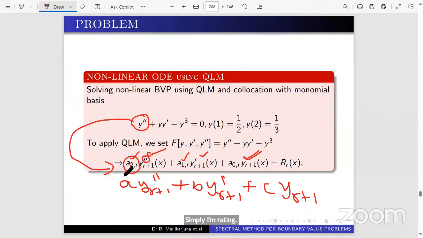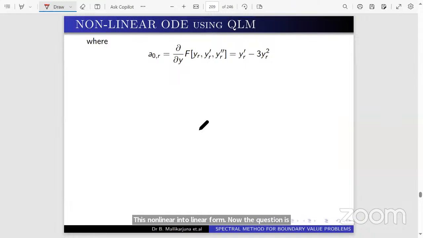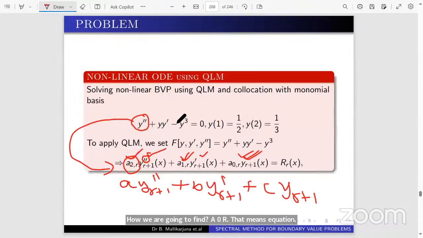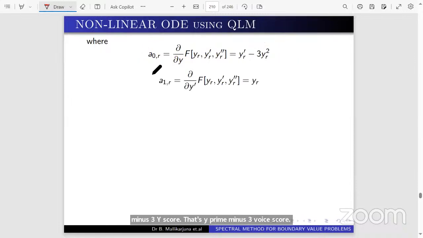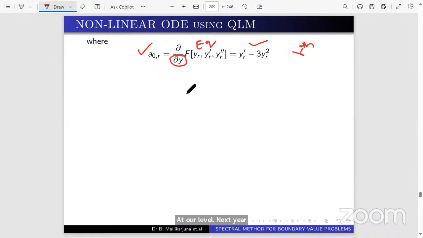Now the question is, what are a2r, a1r, a0r? How are we going to find a0r? That means differentiating the equation with respect to y. Differentiating this with respect to y, we get y prime minus 3y square. That's all: y prime minus 3y square at the rth level. Next, a1r, with respect to y prime differentiation.